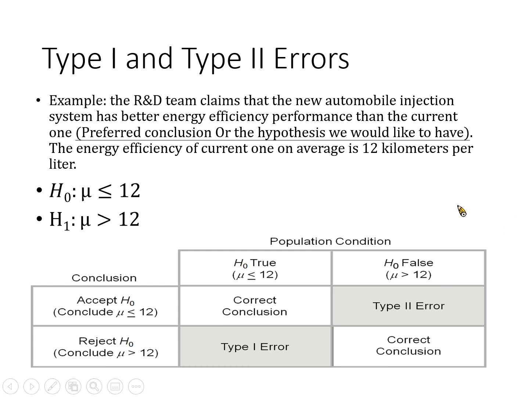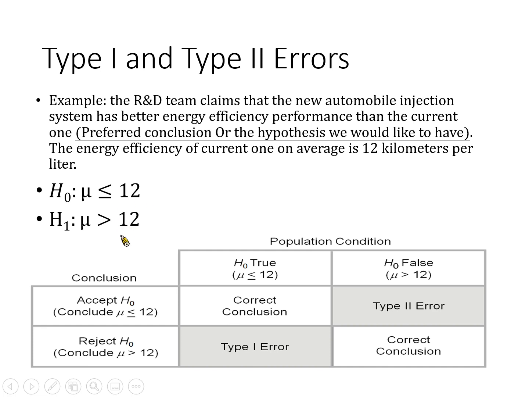Here you think the new injection system may have better performance than the current one, so we put it as the alternative hypothesis, that is mu larger than 12.